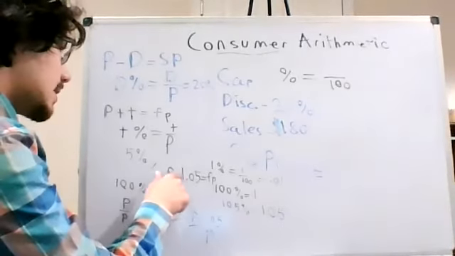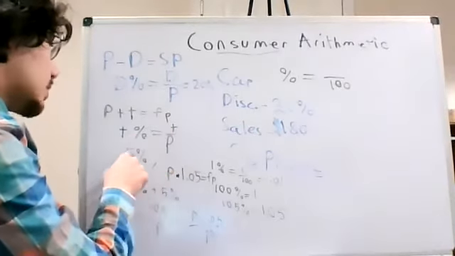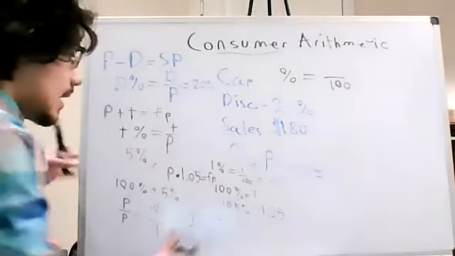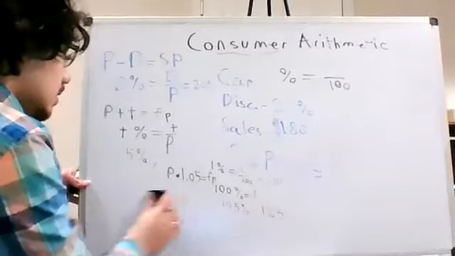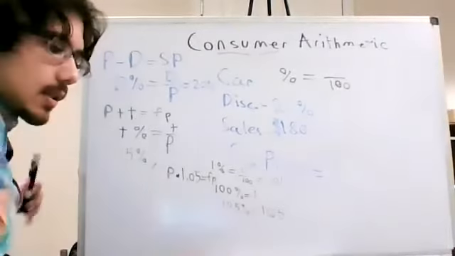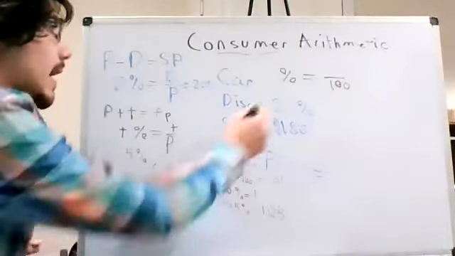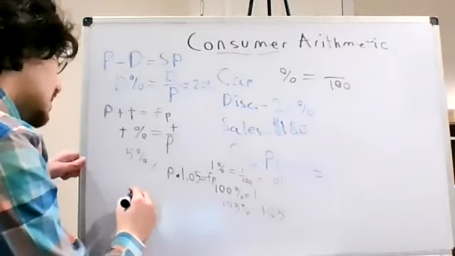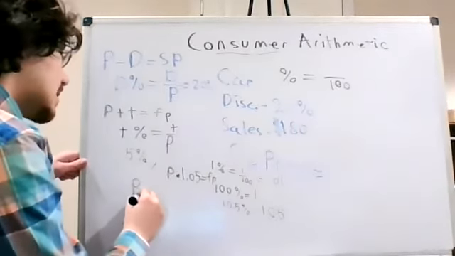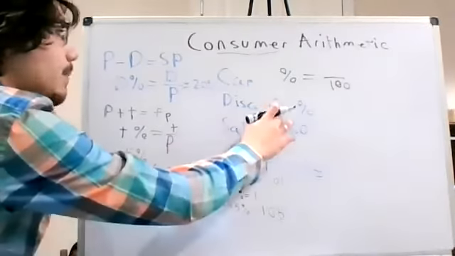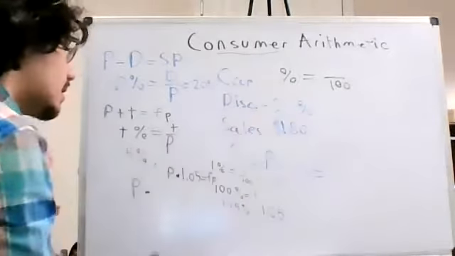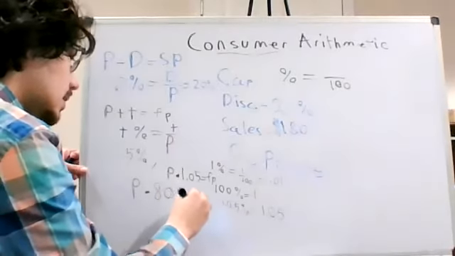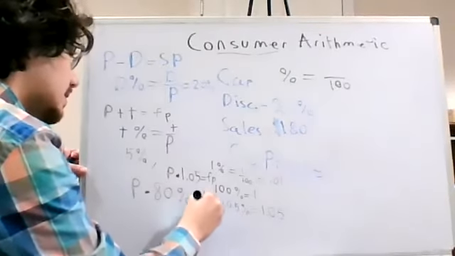So you are taking the price and you're multiplying it by 100 plus the tax percent to get the final price. And similarly, you could do this with the discount. So before, when we had our example as the discount of 20%, what we could have done is that we could have said the price times 100 minus 20%, which is 80%, equals our sales price.